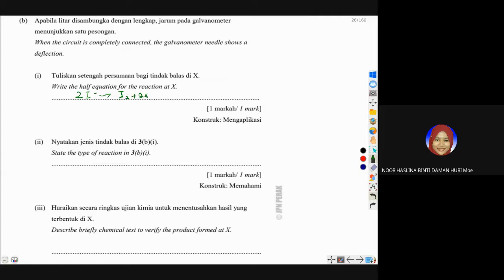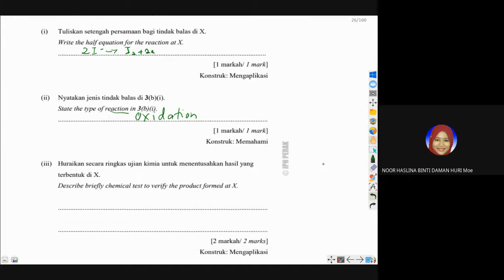Okay, state the type of reaction. So this is the oxidation. Sebab apa oxidation? Release electron. So, type of reaction, oxidation.